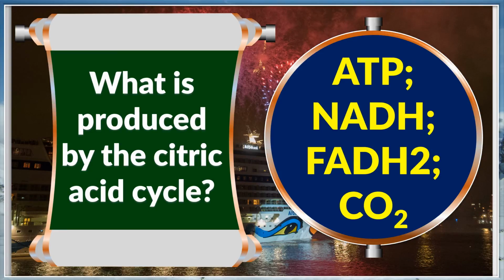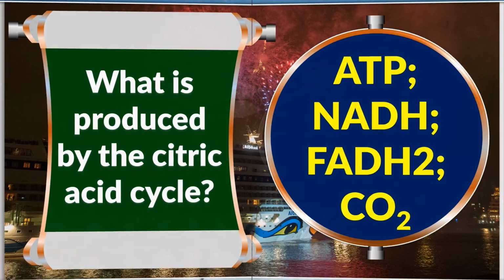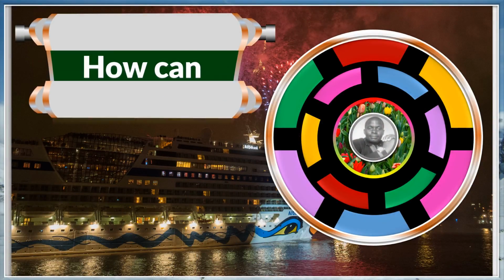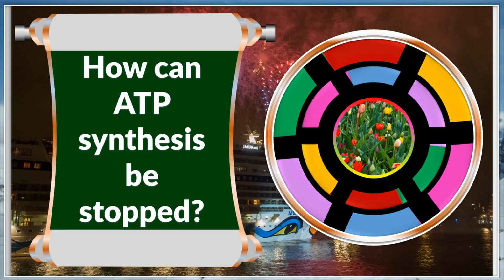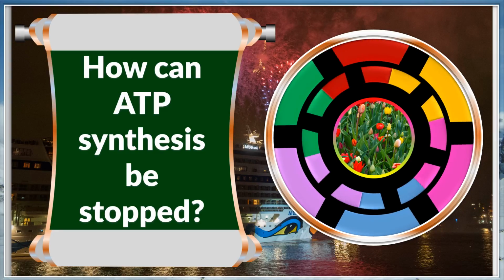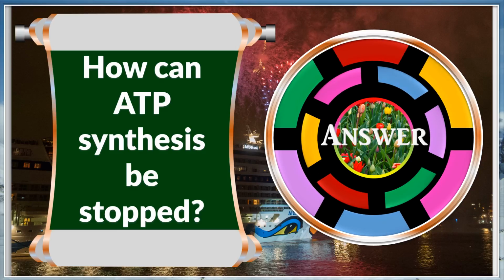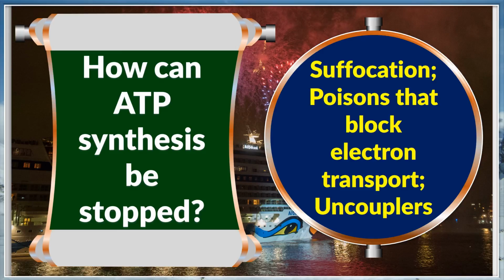ATP, NADH, FADH2, and carbon dioxide. How can ATP synthesis be stopped? Suffocation, poisons that block electron transport, and uncouplers.